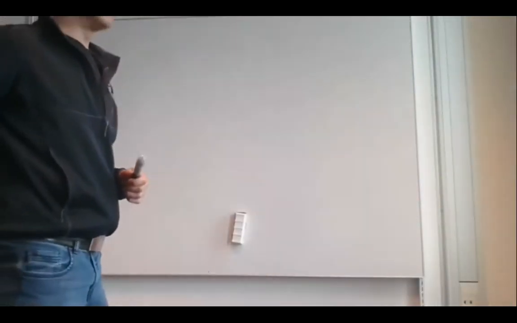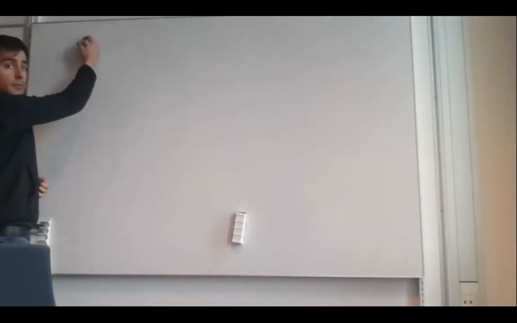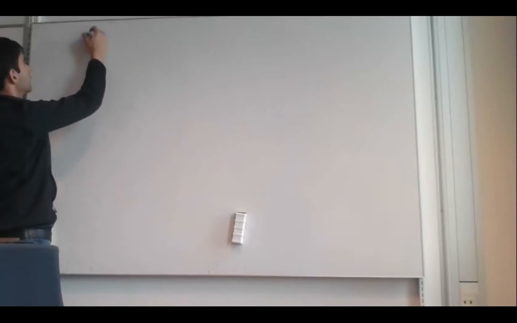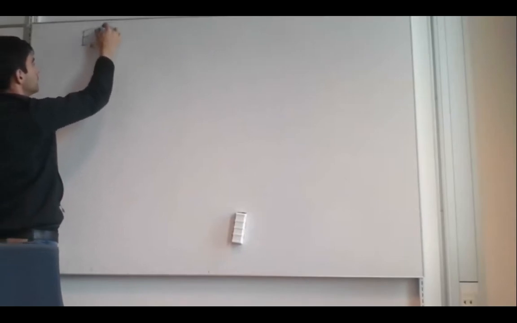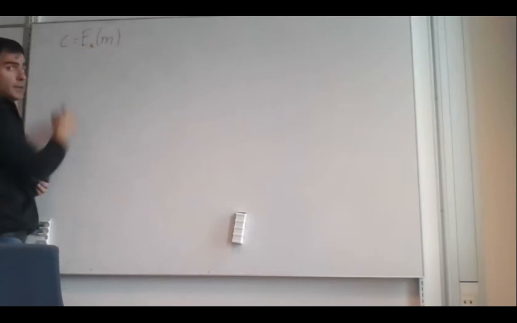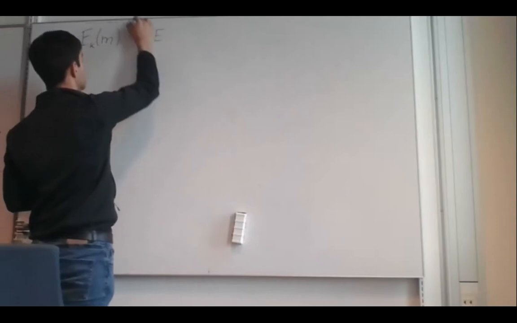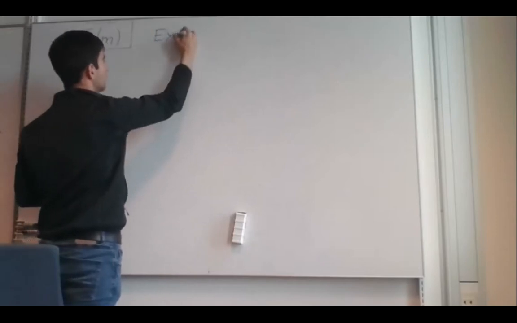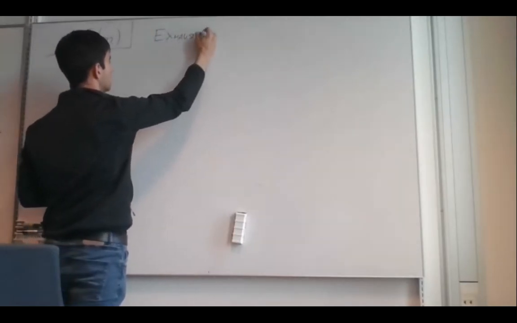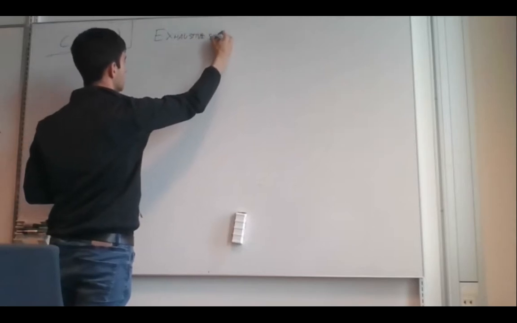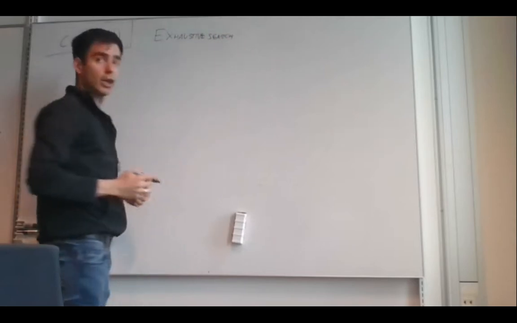We have an encryption scheme where, let's recall, you have a message, you can encrypt it using some key and get a ciphertext. For exhaustive search, we're going to make an assumption.